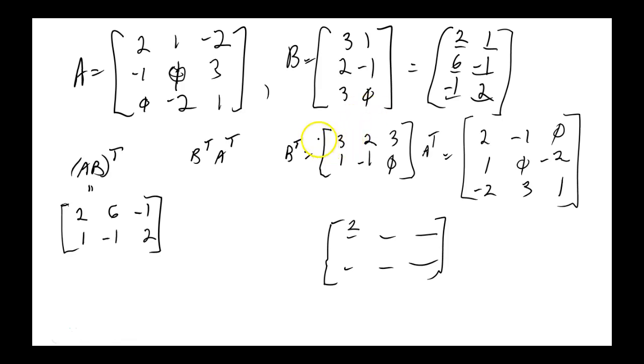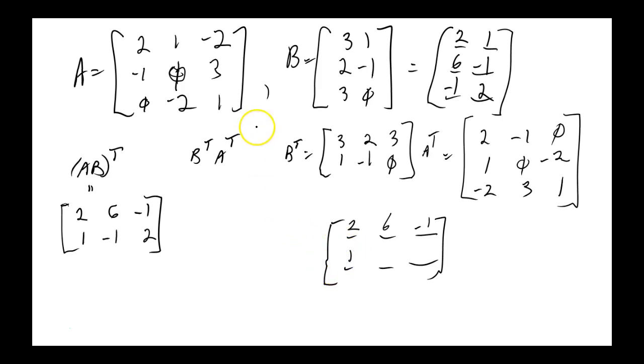Across, okay? The 1, 2 entry would be 6. And the 1, 3 entry would be -1. The 2, 1 entry would be 1.